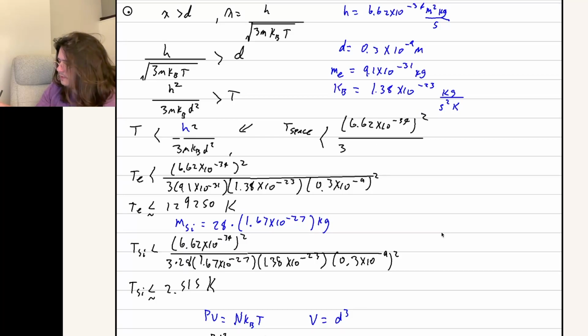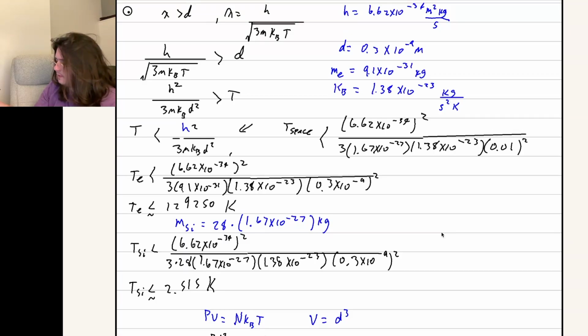We'll have 3 times the mass of hydrogen, again 1.67 times 10 to the minus 27 kilograms. We have the Boltzmann constant, 1.38 times 10 to the minus 23. And then you're in space, and the average spacing between particles is 1 centimeter, so 0.01 squared on the bottom there.